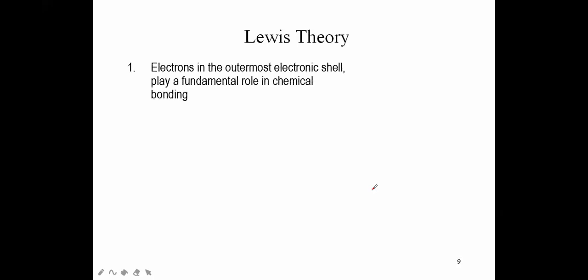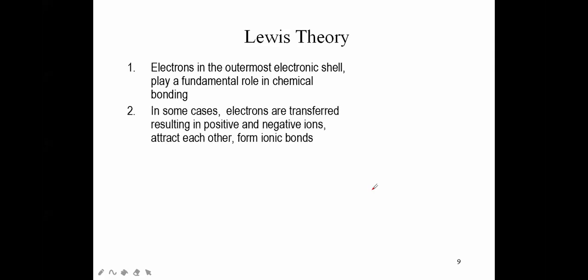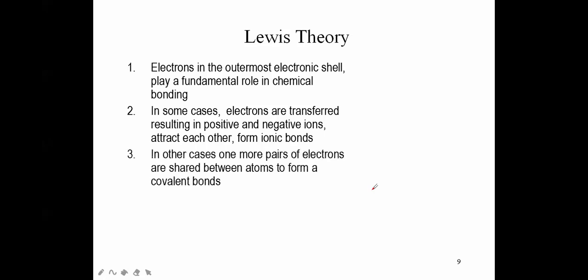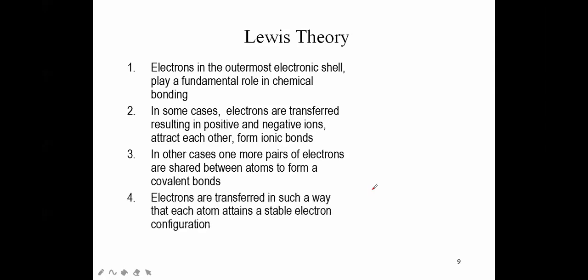So the Lewis theory says that electrons in the outermost shell play a fundamental role in chemical bonding. In some cases, they are transferred, resulting in positive and negative ions. That's an ionic bond. In other cases, these are shared in covalent bonds. Since we're discussing covalent bonds, we are going to see a lot of sharing.